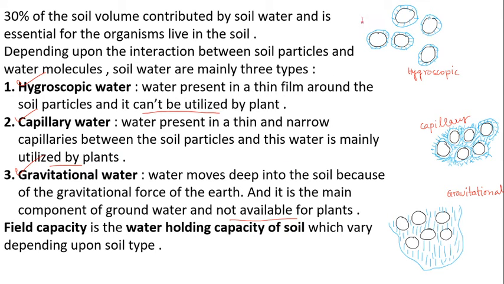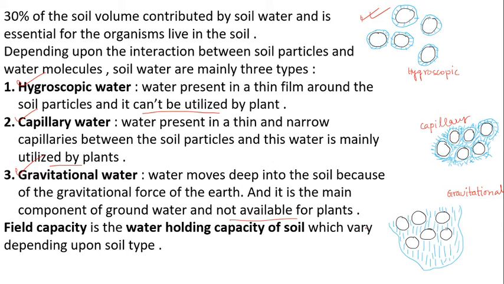As you can see in this figure, hygroscopic water forms a thin film around the soil particle, and it can't be utilized. Capillary water forms a thin, narrow capillary-like structure, and it is utilized by plants.